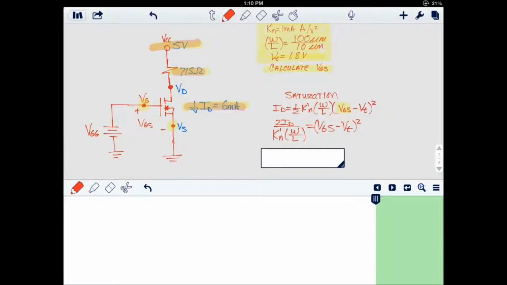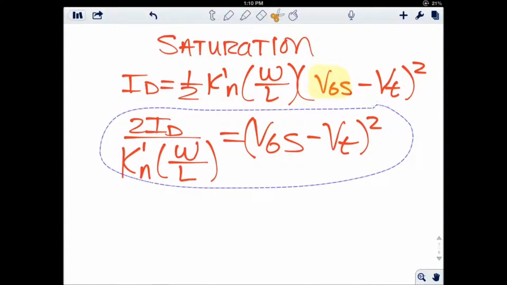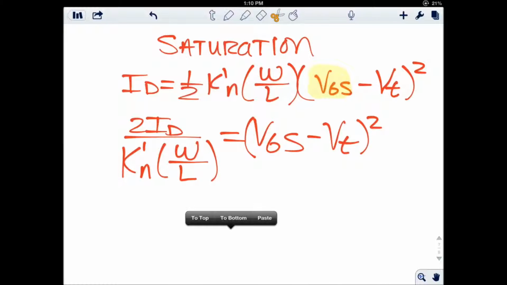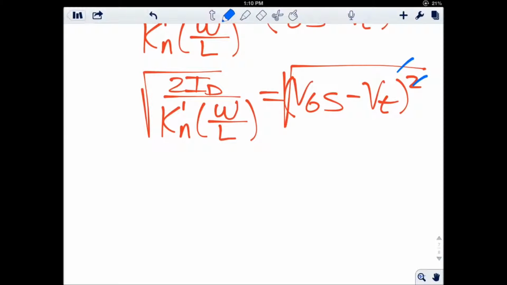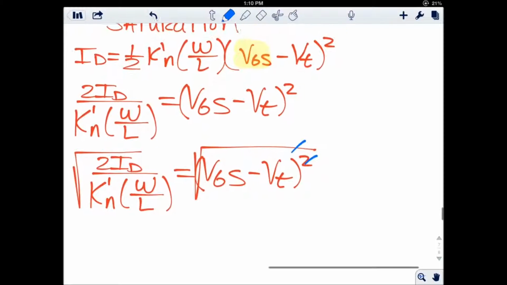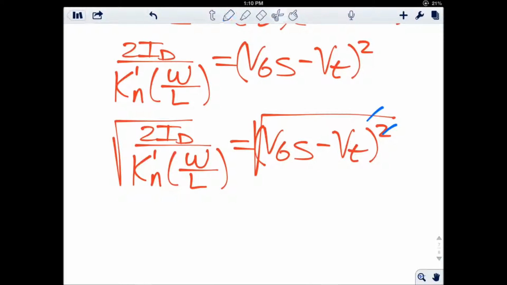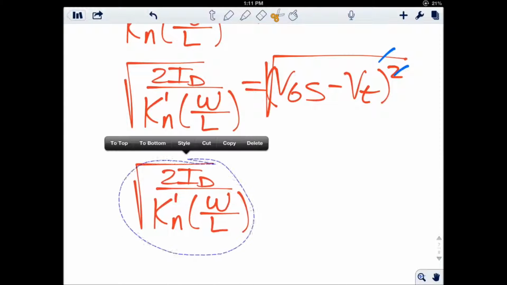And the next thing we do is square both sides of the equation. So we could cancel here the square, I mean the power of two.